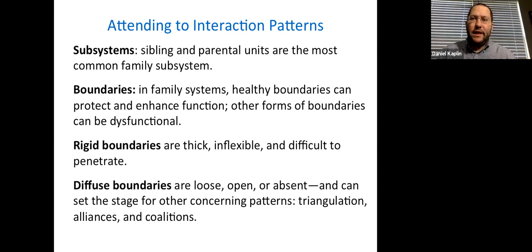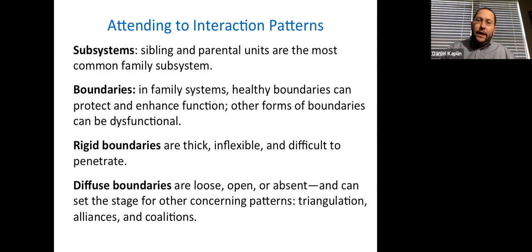So if the child is reporting a drop in performance in school, but simultaneously the parents are constantly fighting and screaming in the house, we explore how the dynamic between the parents or the subsystems impact the child's performance in school potentially, and vice versa, right? So we pay attention to subsystem interactions in that circular process.